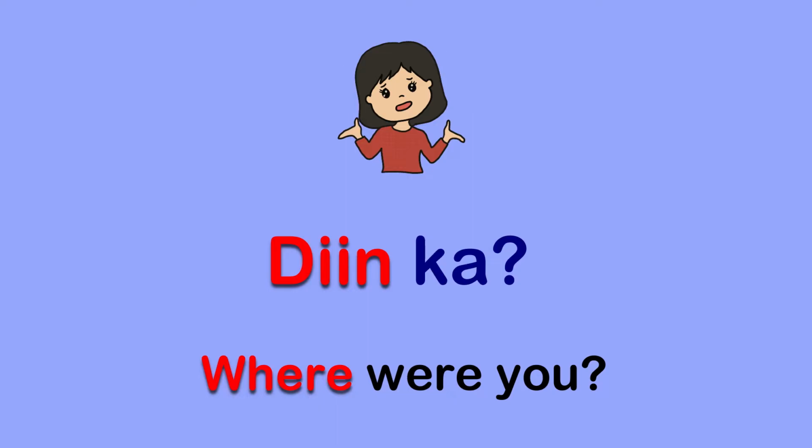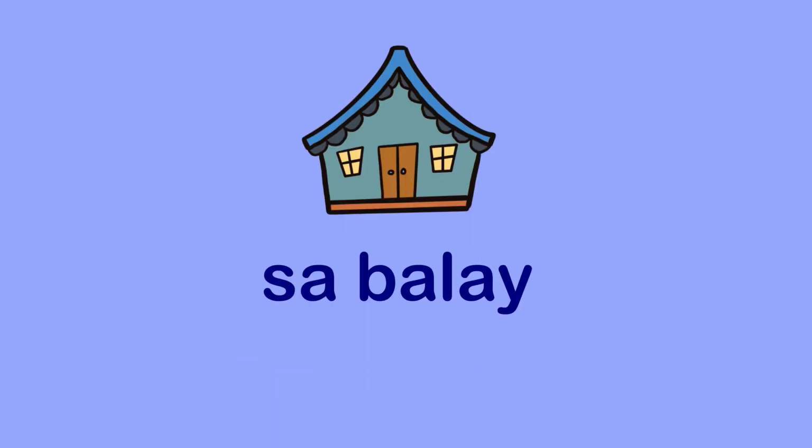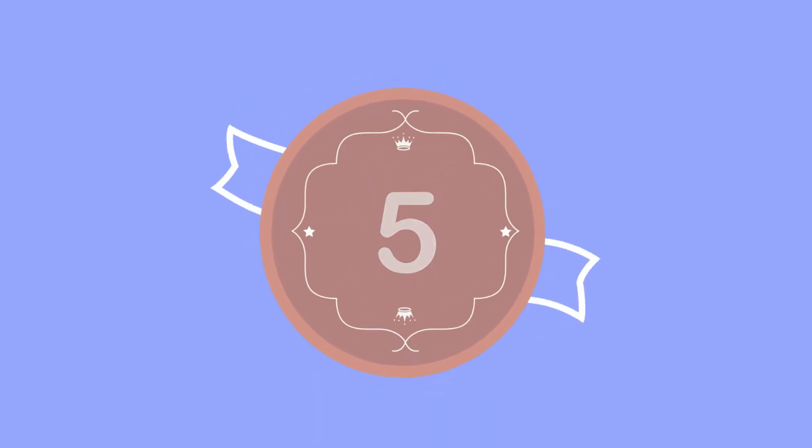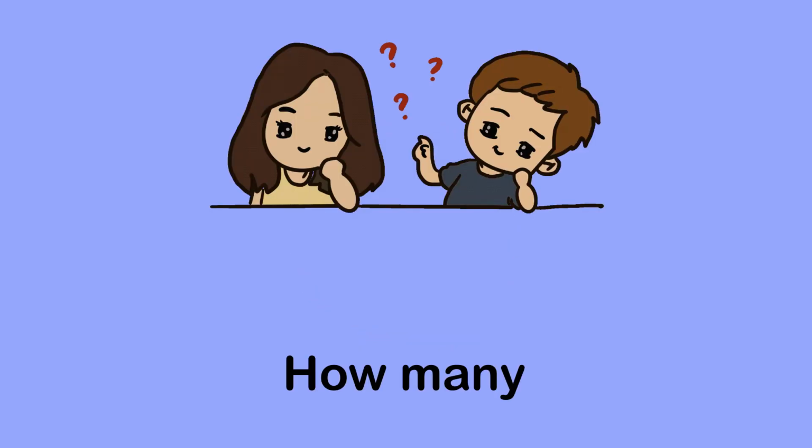Our example response to diin ka is sa balay. Sa balay. That means at home in English. Although asa is the most common way to ask where, we've also included diin, as you may hear some people use this word.